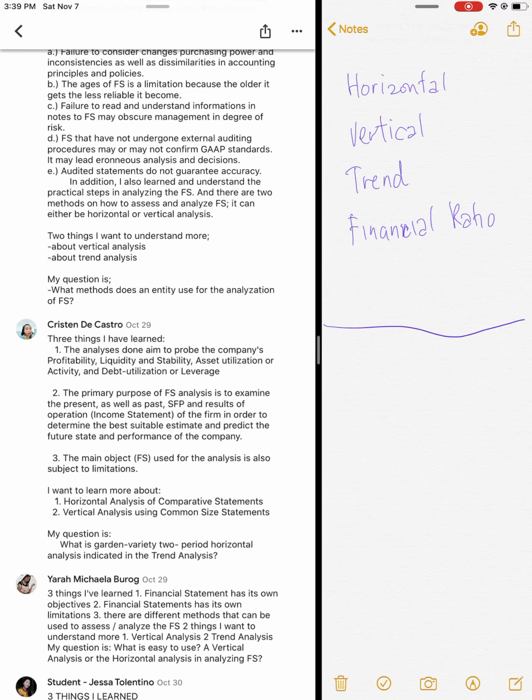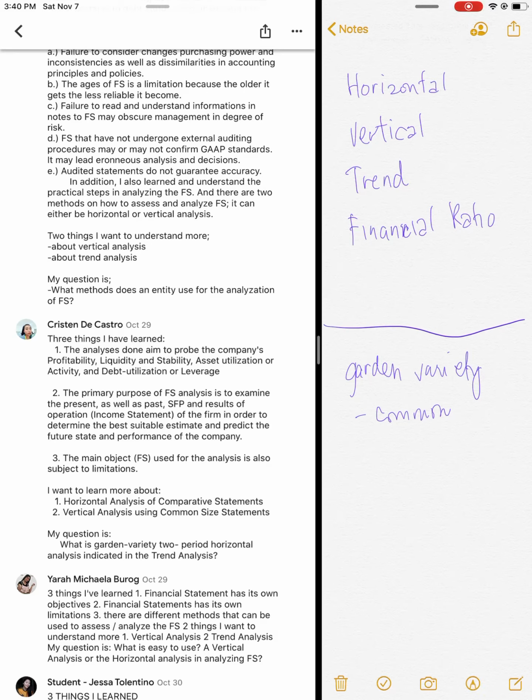Question of Kristen. What is garden variety 2-period horizontal analysis indicated in the trend analysis? So, medyo pinaganda lang ng konti at gumamit lamang ng terminology, but when we say garden variety, it simply means common.